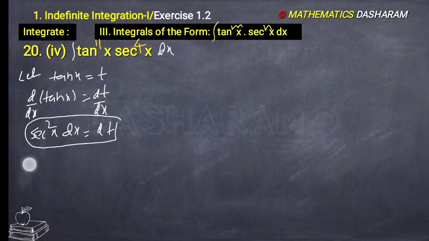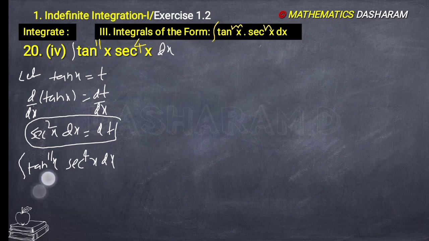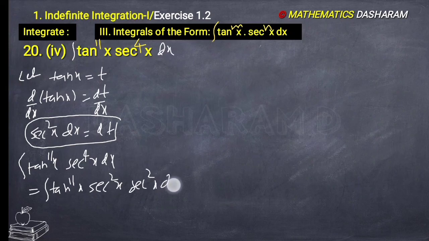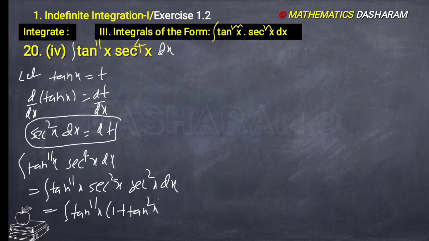So now the integration of tan to the power of 11x into sec to the power of 4x dx equals the integration of tan to the power of 11x, and sec to the power of 4x can be written as secant square x into secant square x dx. Tan to the power of 11x into one secant square x, which can be written as 1 plus tan square x.